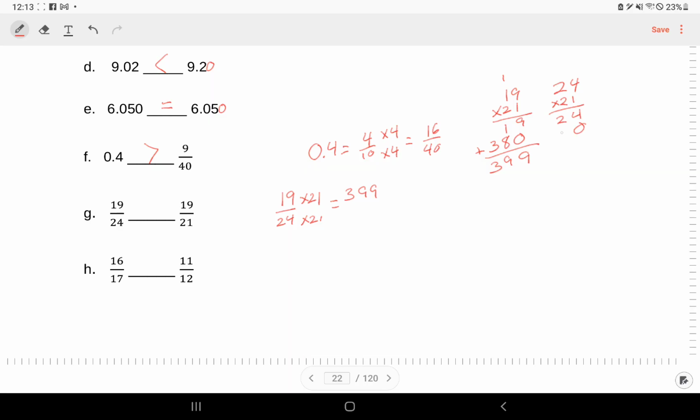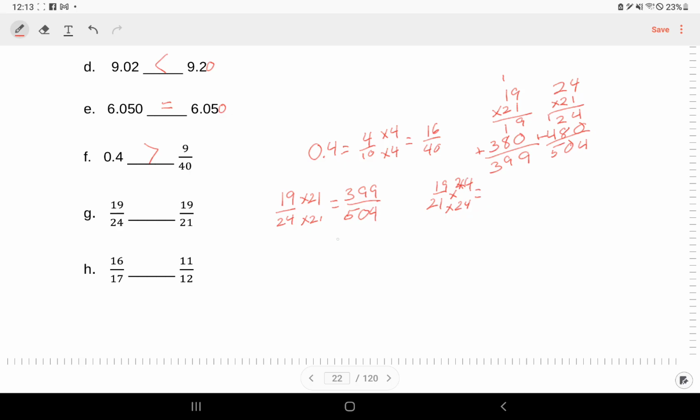Placeholder. 2 times 4 is 8. 2 times 2 is 4. And we add. Well, 4 and 0 is 4. 2 and 8 is 10. Carry 1. 1 and 4 is 5. So 399 over 504. Now, for 19 over 21, we multiply top and bottom by 24.